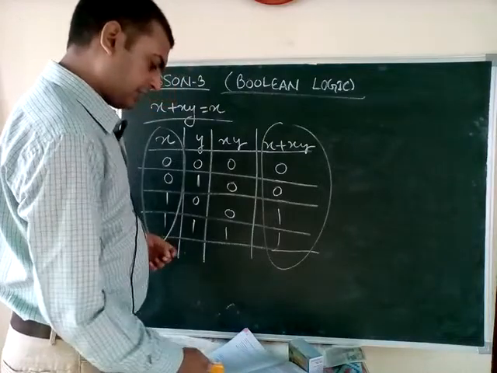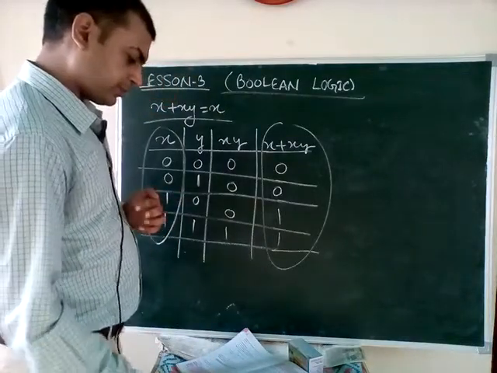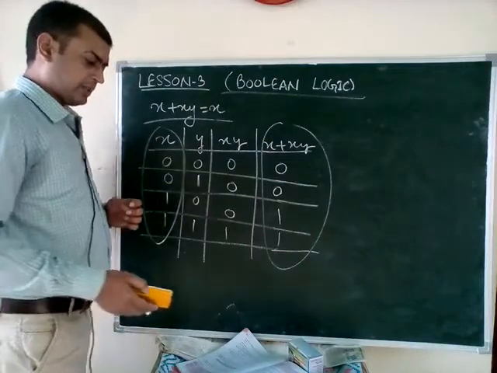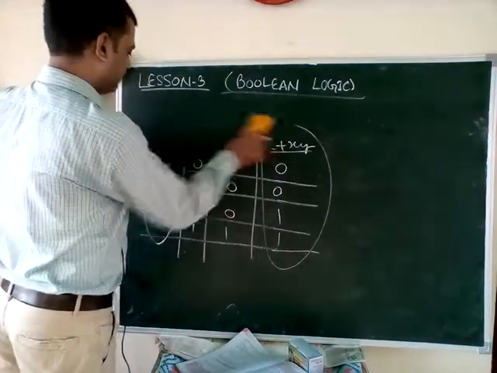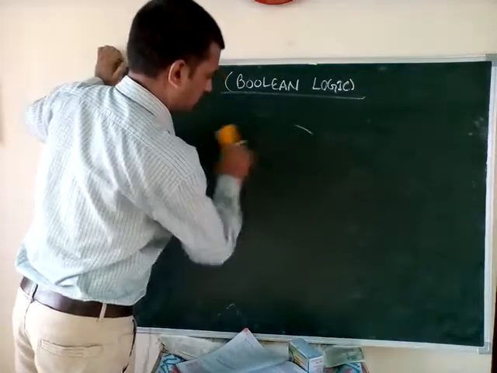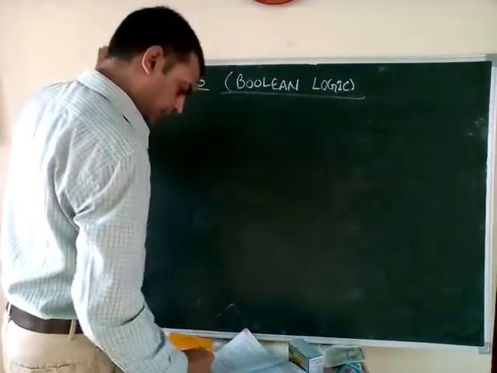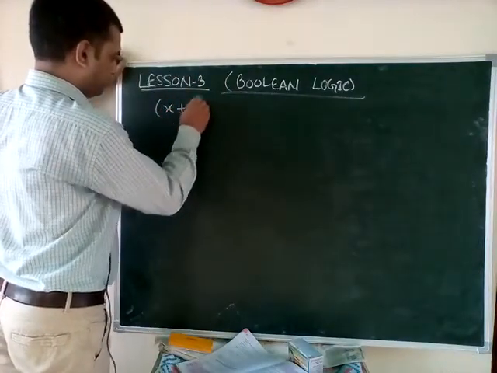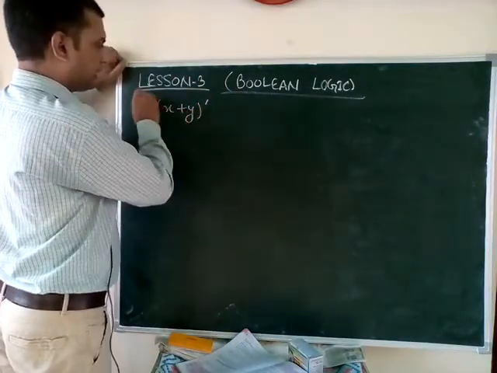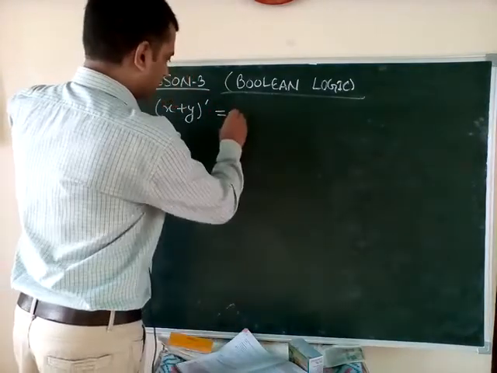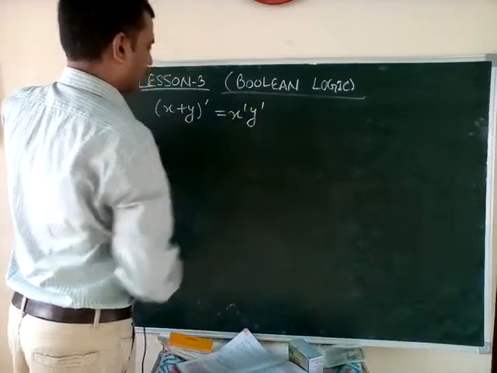Now in Boolean algebra, this is question number 2. In Boolean algebra, verify using the truth table, and this is the equation given here: x plus y, whole bar (you can write bar or dash, both are same), equals x bar y bar.